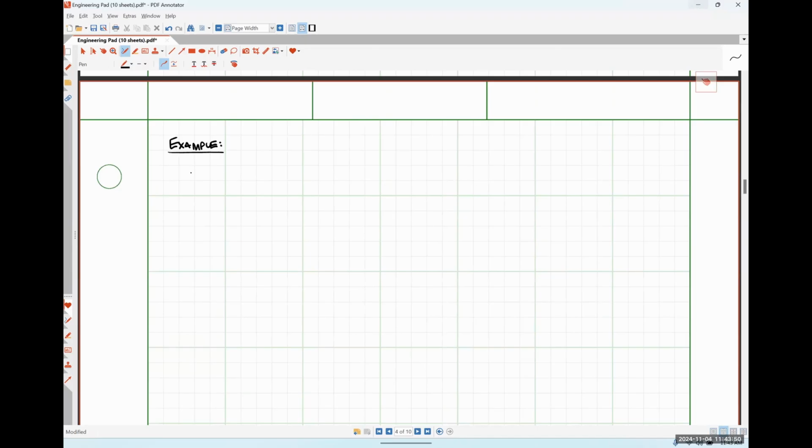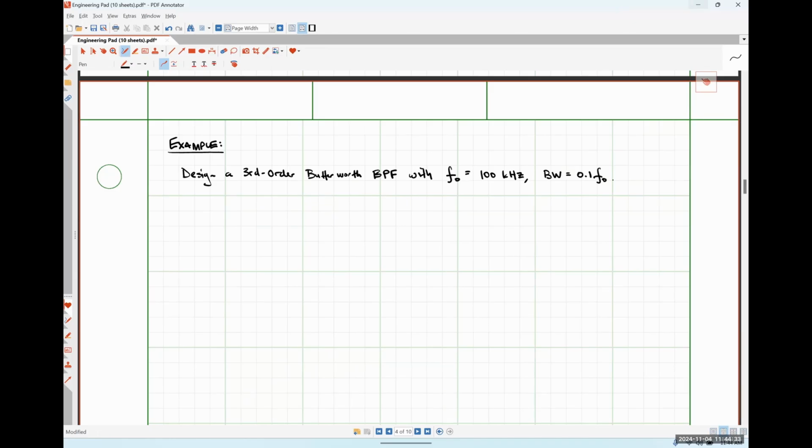We're going to design a filter. We're going to do a third order Butterworth band pass filter with a center frequency of 100 kilohertz and a bandwidth of 0.1 times our center frequency.